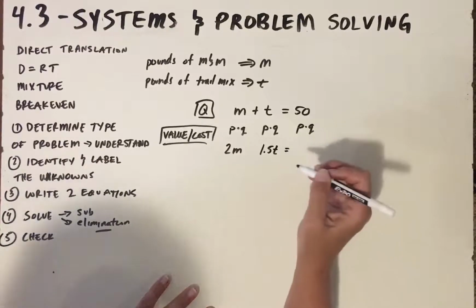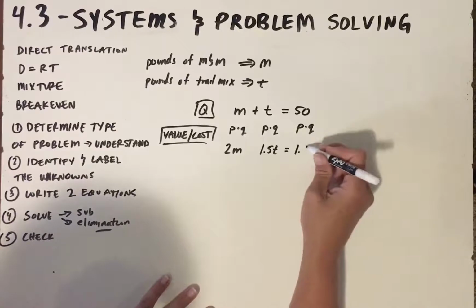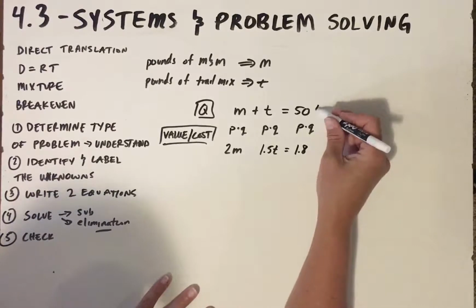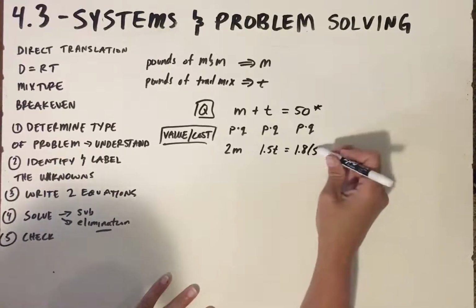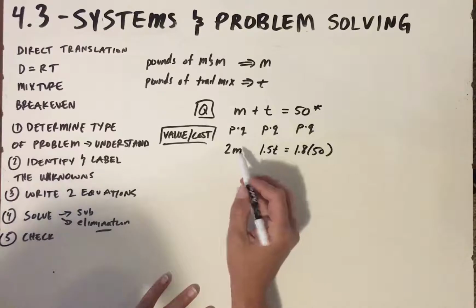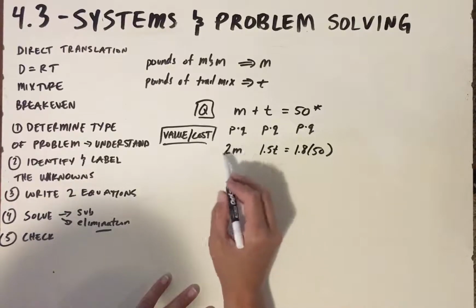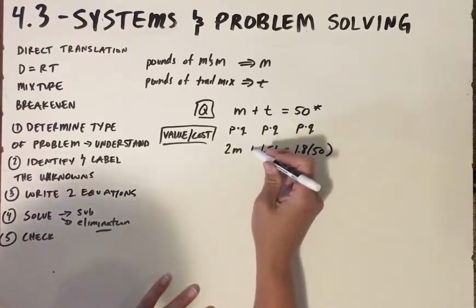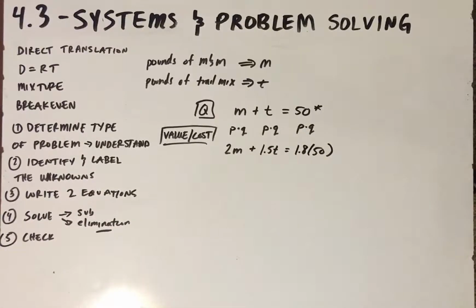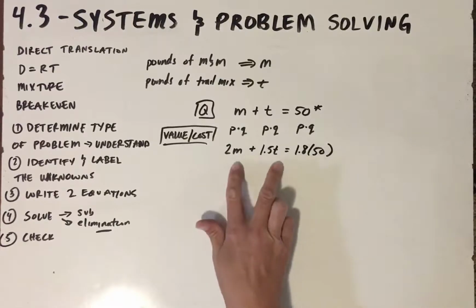And the price of the mix is going to be $1.80. Well, what is the quantity of that mix? Well, the quantity is right here. It's 50 pounds. So I know that however much money the M&Ms cost me, plus however much money the trail mix cost me, I need it to be 50 pounds at $1.80. So that will determine how much I put in of each of them.